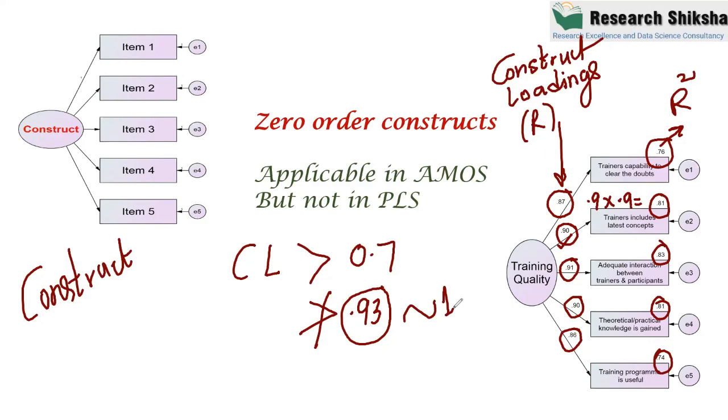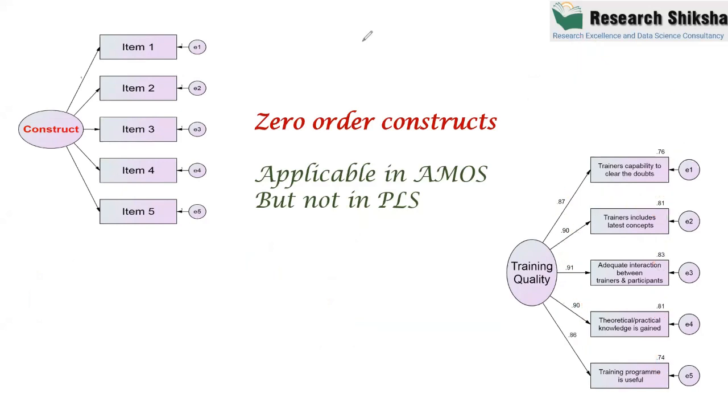Similarly, for R square, if the construct loading is 0.7, then 0.7 multiplied by 0.7 is approximately 49%. So we assume that the R square should be greater than around 49%. In this way, we can analyze the simple construct.